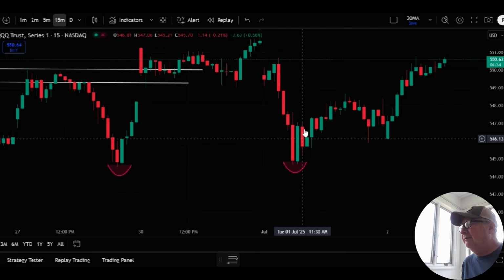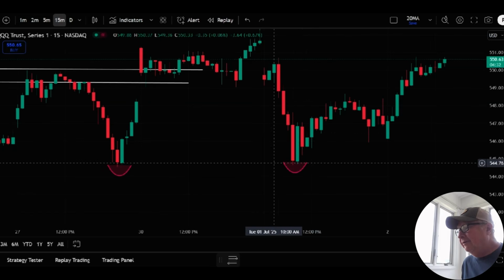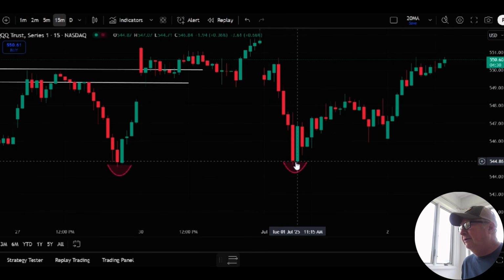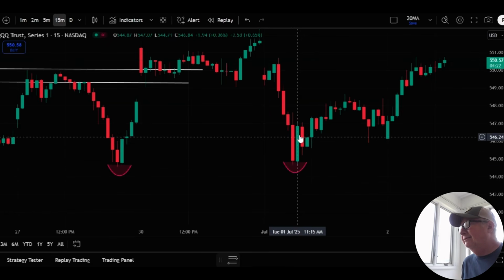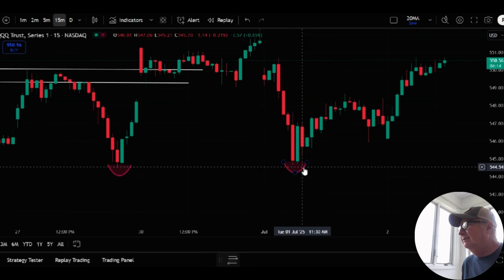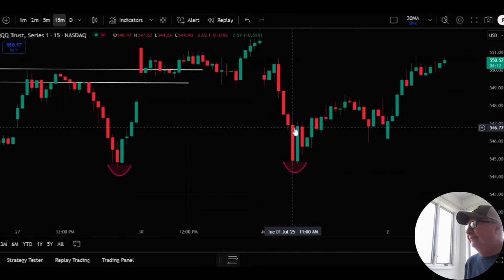And that's your buy signal. You can either enter it here with a stop just below, or you can enter in this green candle as it is forming, anyplace in this candle with a stop just below, is a good trade.